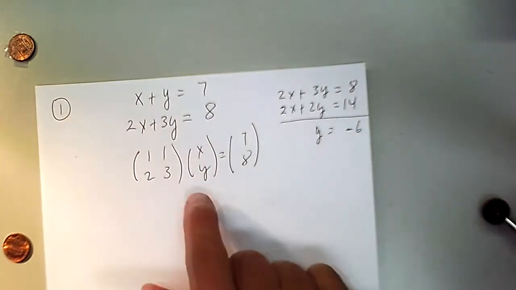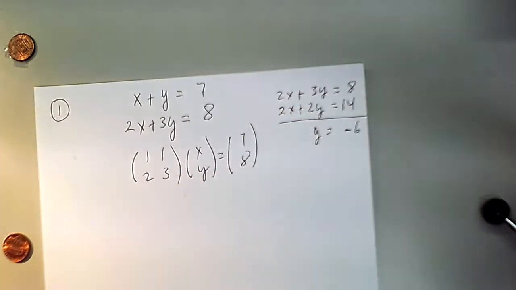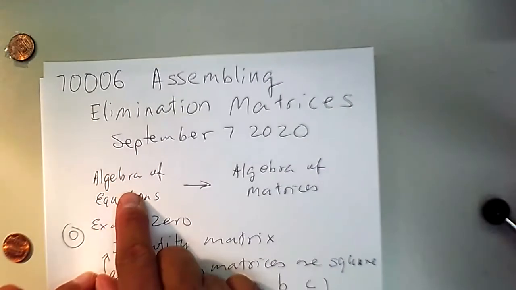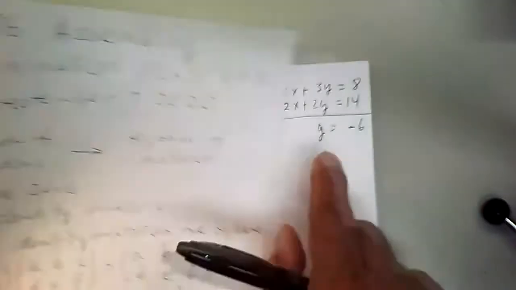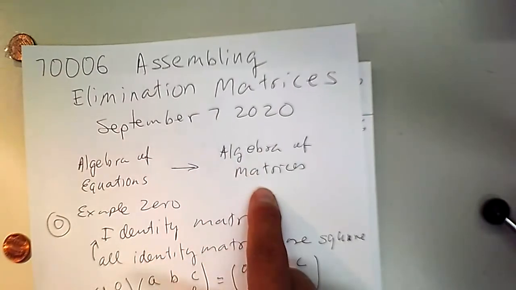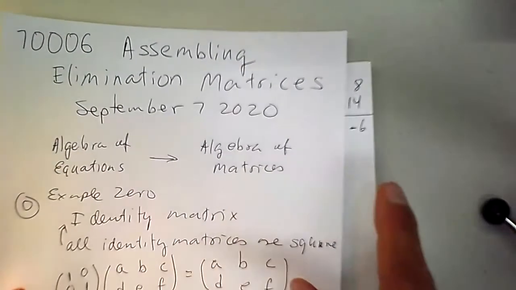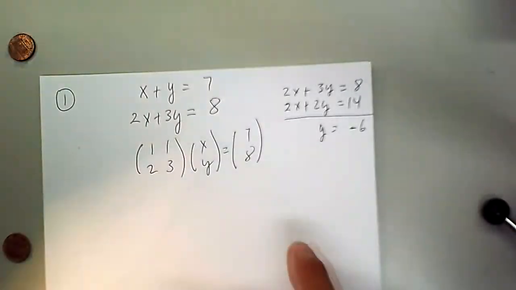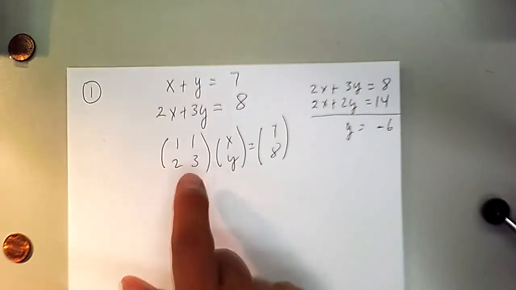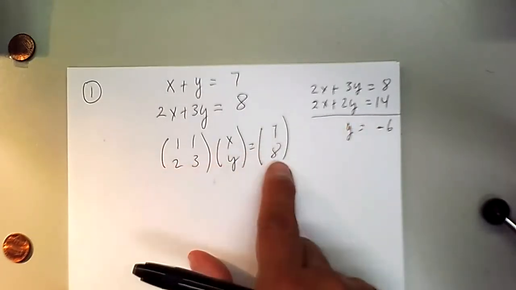All right, but let's go back to the goal. We want to go from algebra of equations into algebra of matrices by multiplication. So we want to find a matrix that does this on the matrices.